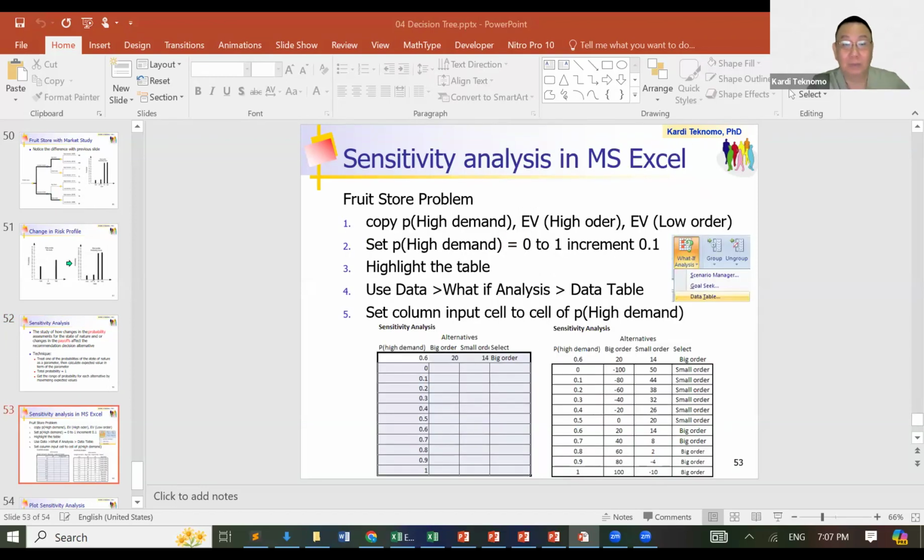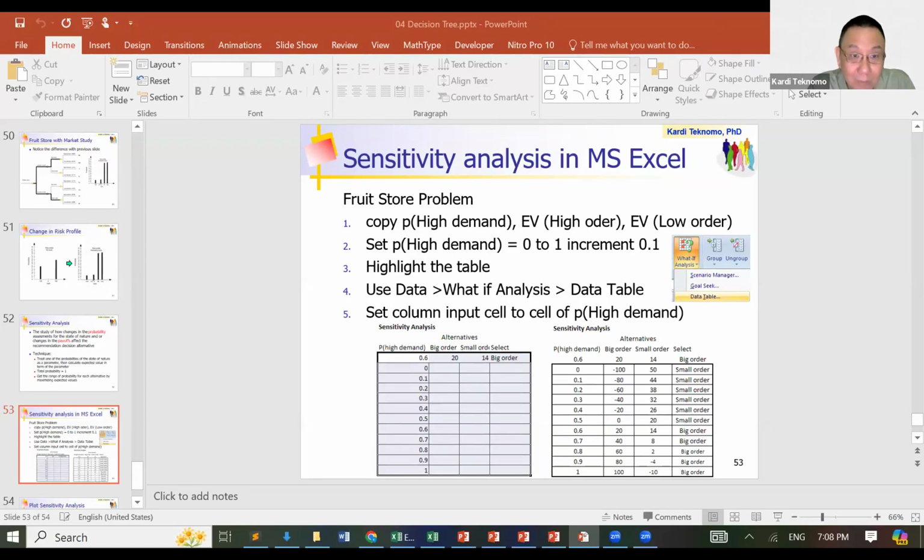In Excel you can use data table, and then you can copy this high demand, the EV of high order and low order. And then you can set up the probability of high demand to be 0 up to 1, with a certain increment, 0.1. Then you highlight the table, use data table, and just push enter on the column input, then you get this table.